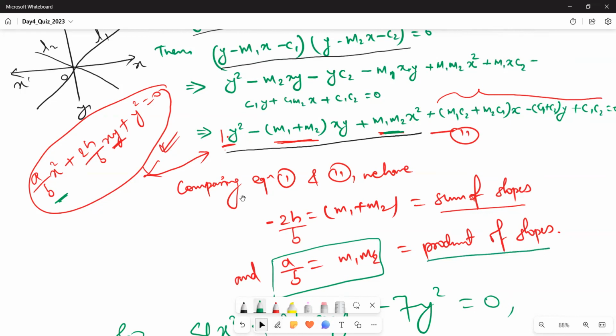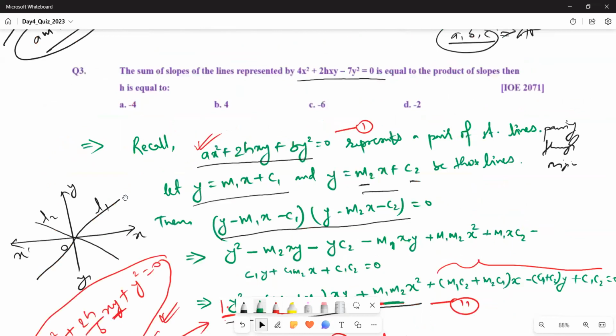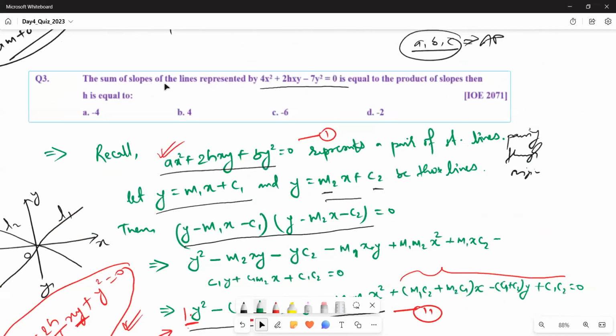And in the question it is given, you can read it again, that the sum of the slopes of the lines represented by this quadratic equation is equal to the product of the slopes. That is, m1 plus m2 is equal to m1 times m2, right?